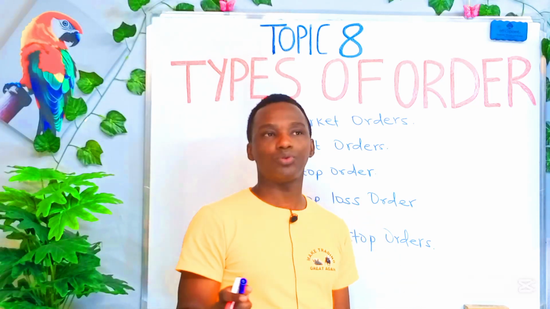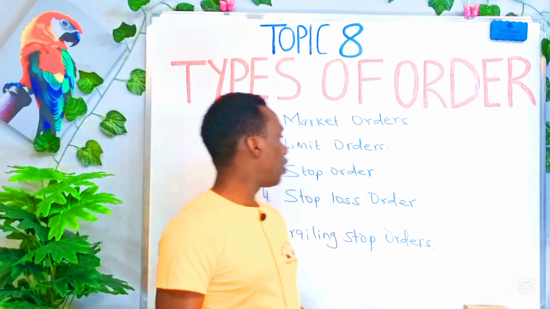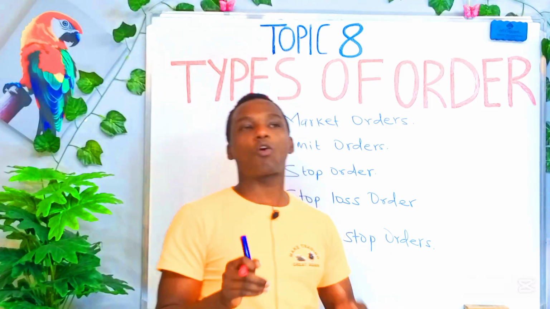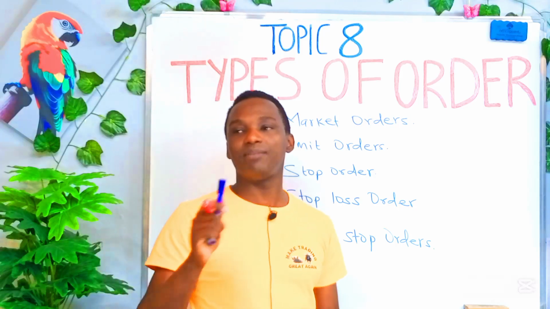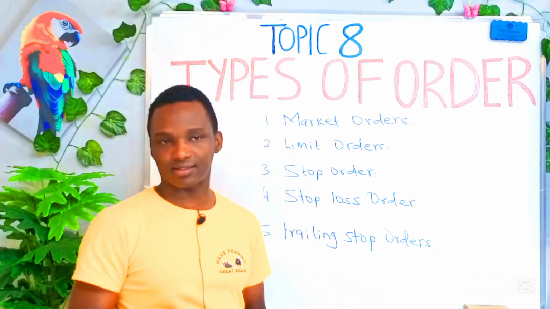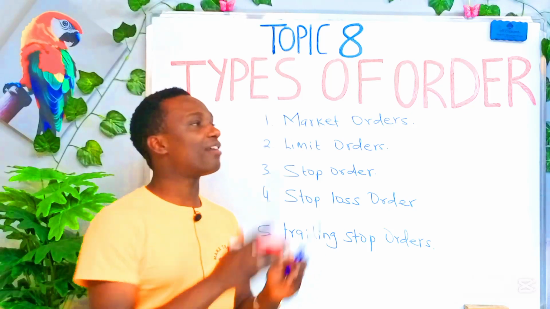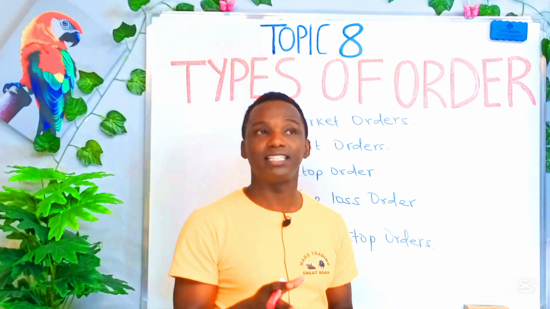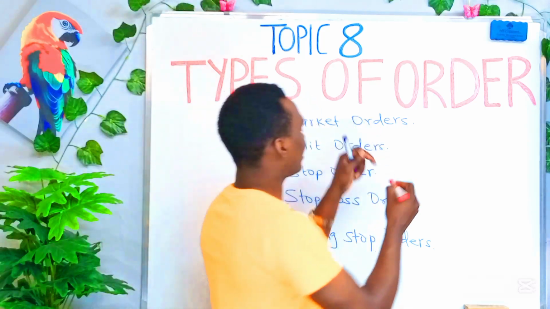While the stop limit orders combine elements of both the stop and the limit orders. Can I repeat that? I said that the market orders execute immediately at the current market price.